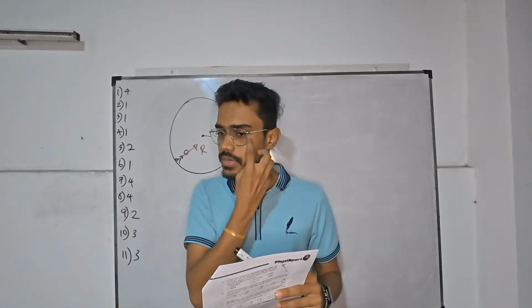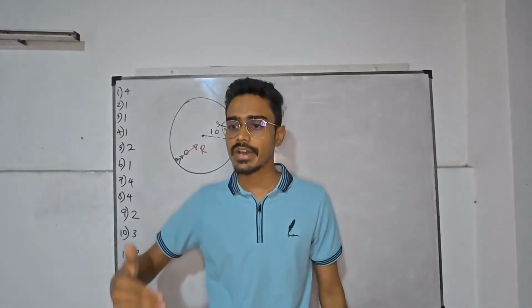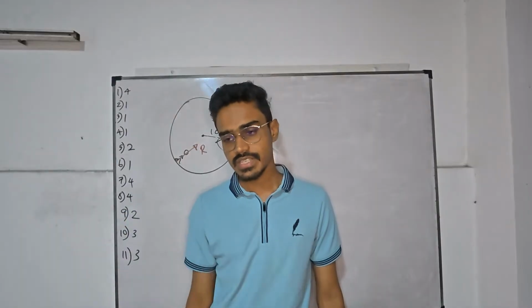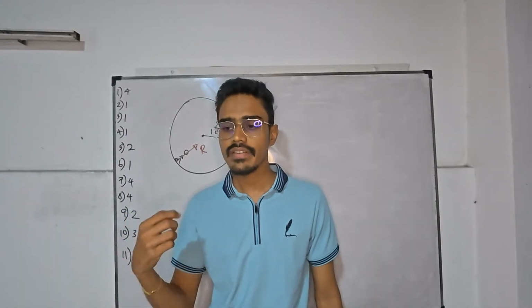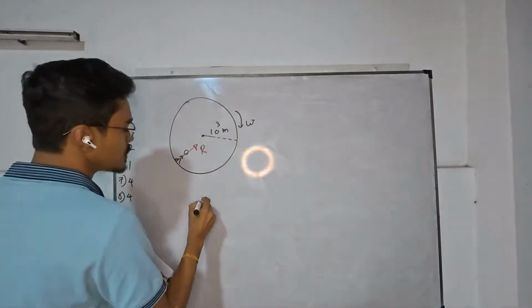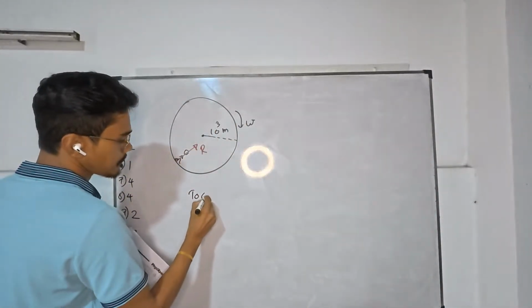Applying F equals ma towards the center: if there is a horizontal circular motion, we have to consider vertical equilibrium. If there is a vertical circle, we have to consider conservation of energy. So here also, I'm going to use F equals ma towards the center. Look at the board.